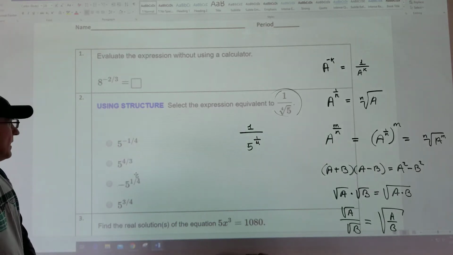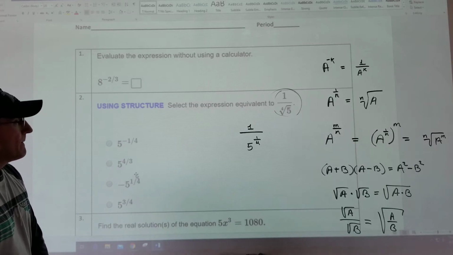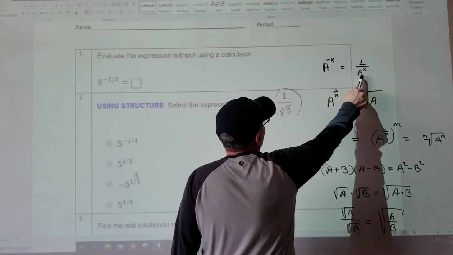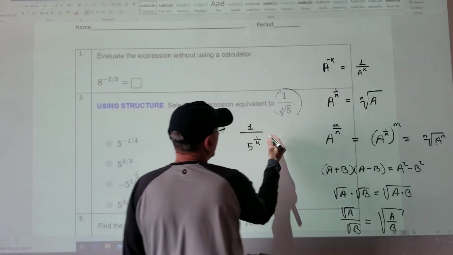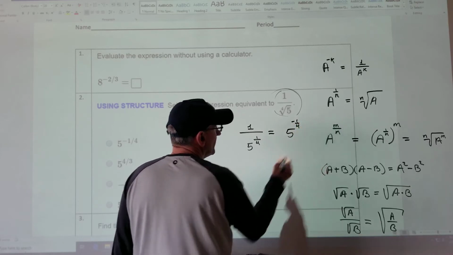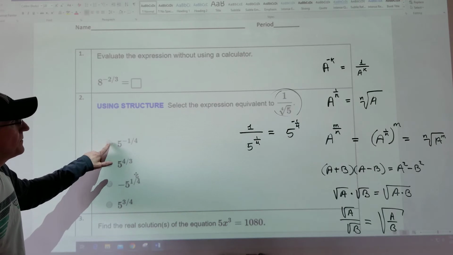I'm looking through the options over here. I don't see that one. But I could work with this going backwards, and I could rewrite this so it doesn't look like a fraction at all. Just use a negative exponent. That appears to be this option right here. All right?